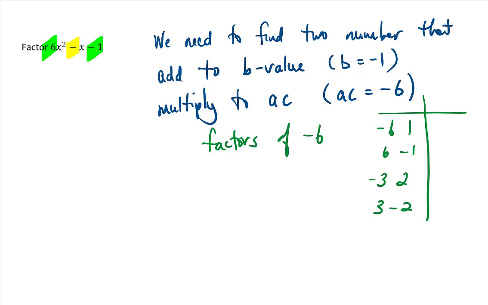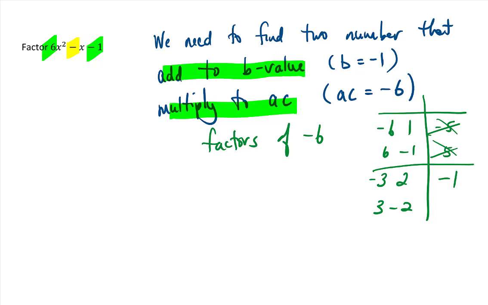They multiply to ac. The next thing we need to find is that they have to add to the b value. So let's add these numbers together. Negative 6 plus 1, that's negative 5. So that doesn't work. 6 plus negative 1, that's positive 5. That doesn't work. Negative 3 plus 2, that's negative 1.